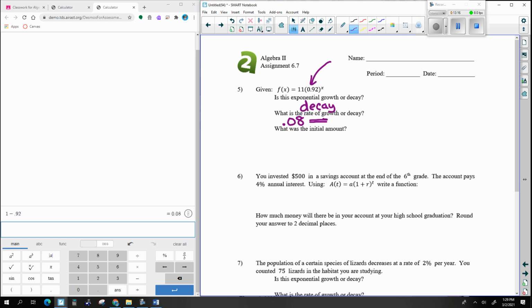So that is an 8% decay. What was the initial amount? It's that outside number, 11. So that one was smaller than 1, meaning it's a decay. It is 0.08 smaller than 1, which is the same thing as saying 8%.